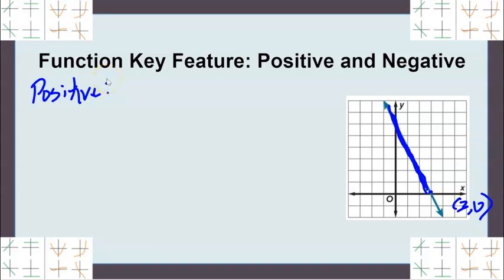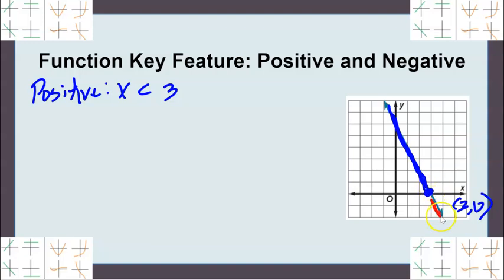So in relation to positive 3, this blue line is to the left of this point. If it's to the left of the point, that means it's less than. So when x is less than 3, this part of the graph is positive.